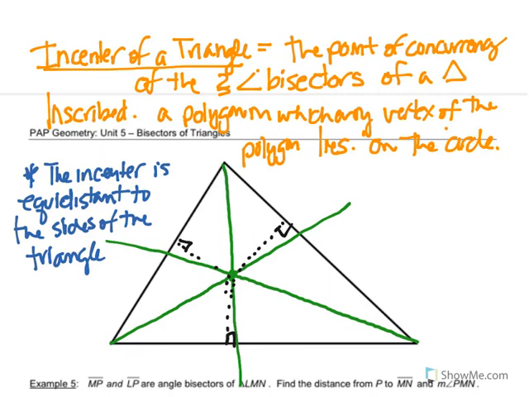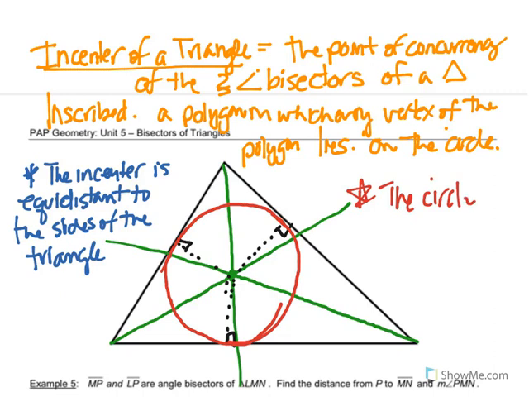Okay. And then if I were to take this distance and do a circle in here, we would of course use a compass to do this. So we would say the circle that I just drew is inscribed in the triangle.